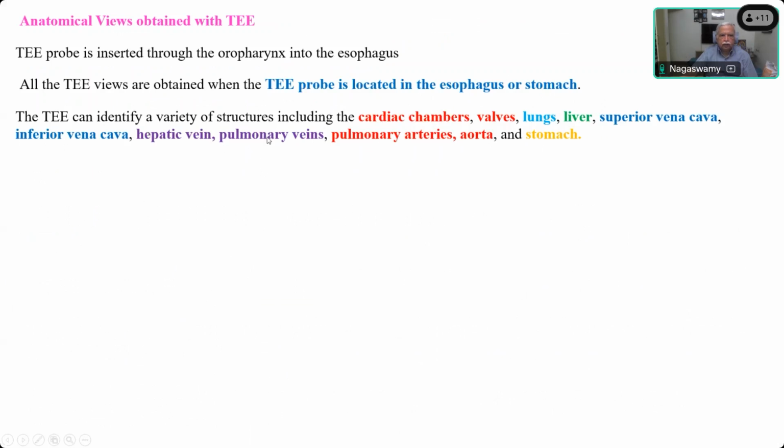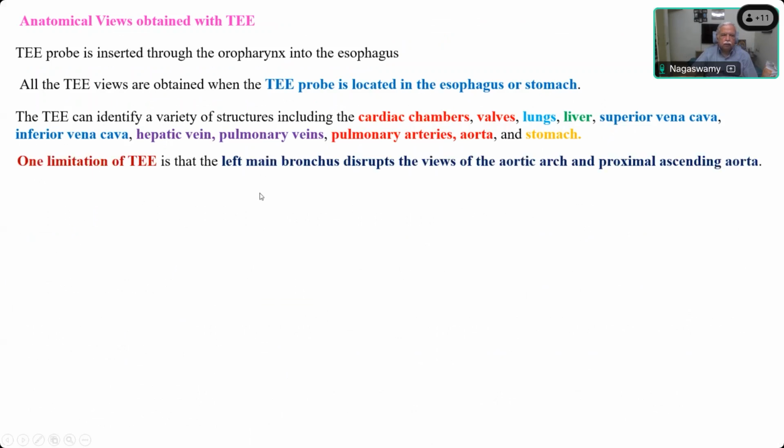The structures that can be imaged are cardiac chambers, valves, lungs, liver, superior vena cava, inferior vena cava, hepatic vein, pulmonary arteries, aorta, and even the stomach. All these structures can be viewed. But one limitation is that the left main bronchus disrupts the views of the aortic arch and proximal ascending aorta when you keep the probe in the upper esophagus and try to visualize them.